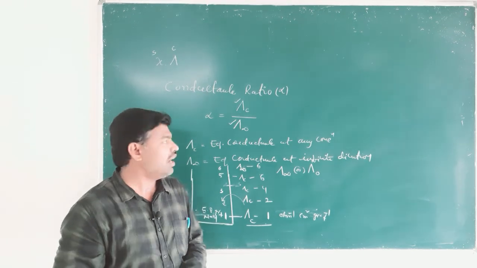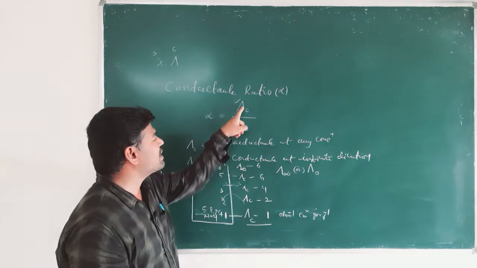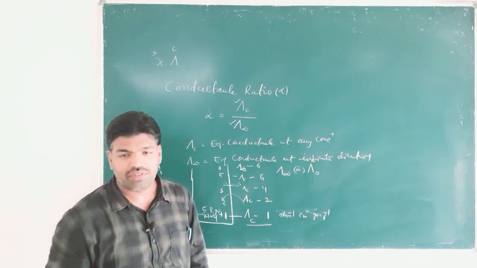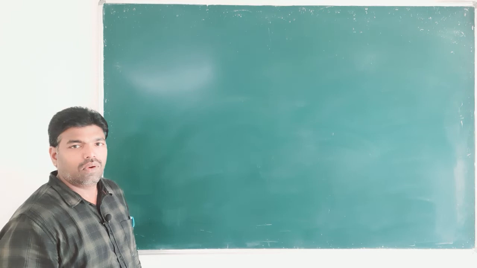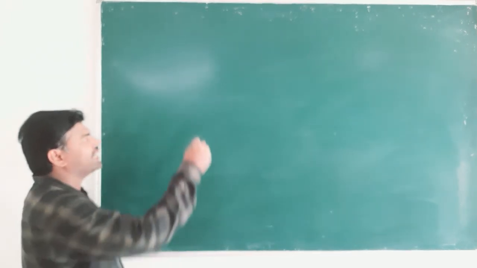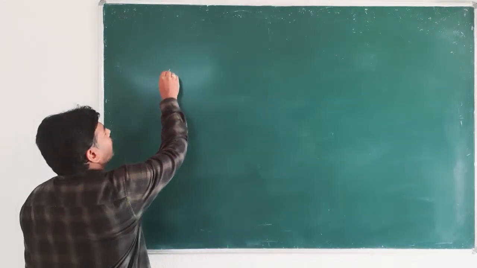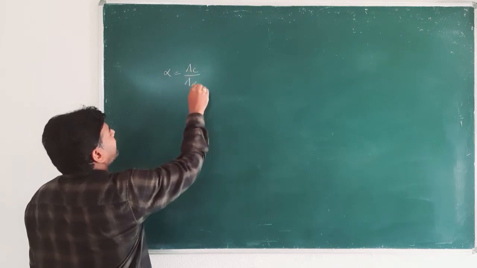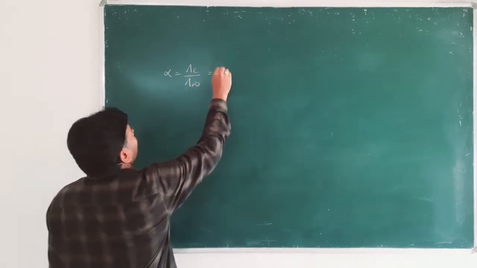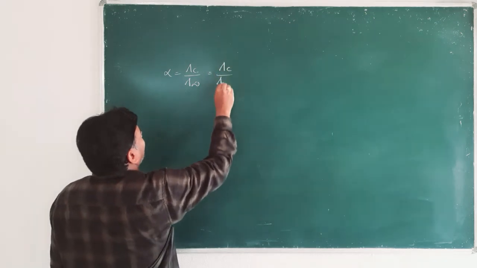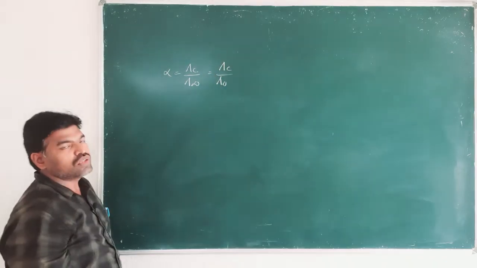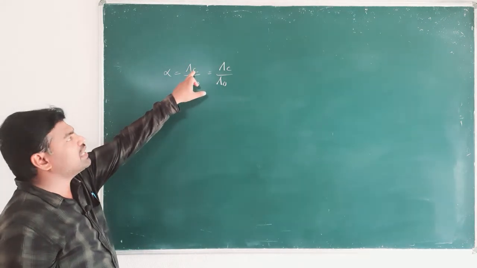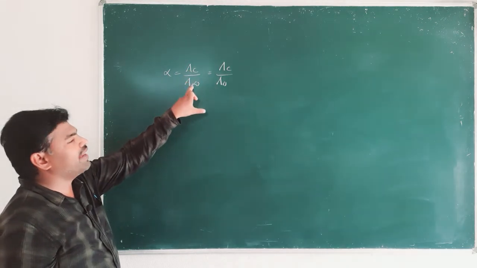So the conductance ratio alpha is equal to lambda c by lambda infinite, or it is equal to lambda c by lambda naught.